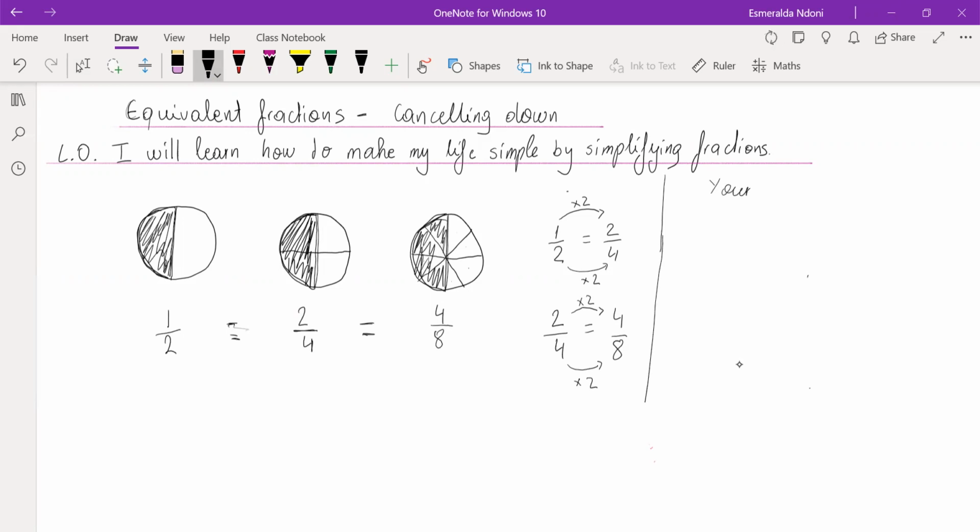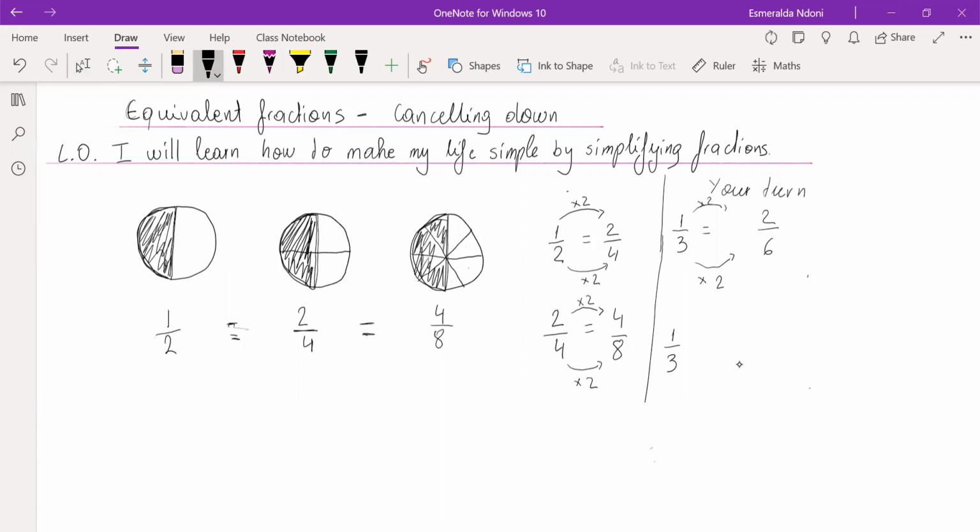So, your turn. If I am to ask you, make a fraction that's equal to a third, what would you say? Okay, hopefully you said multiply by a number at the top and the number at the bottom. This can be any number. So some of you might have decided to multiply by 2, and you got 2 out of 6.